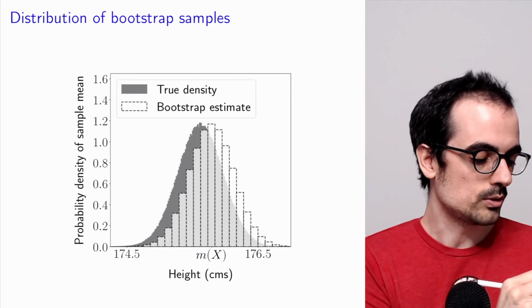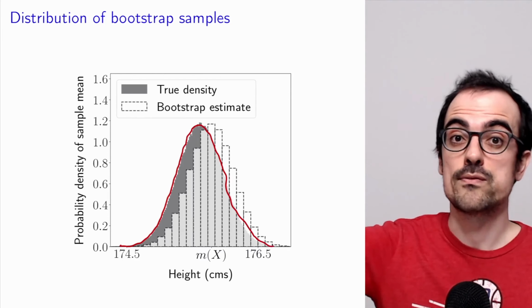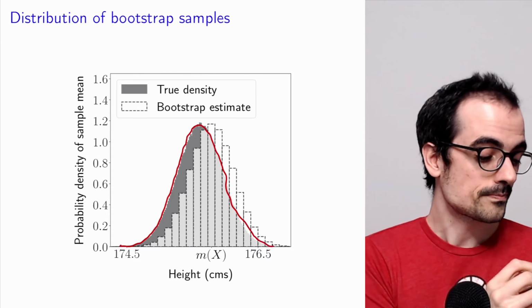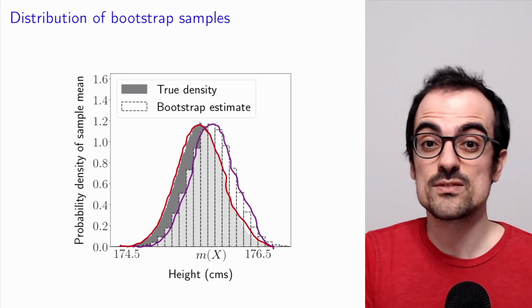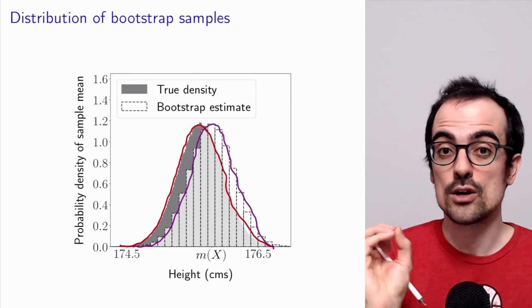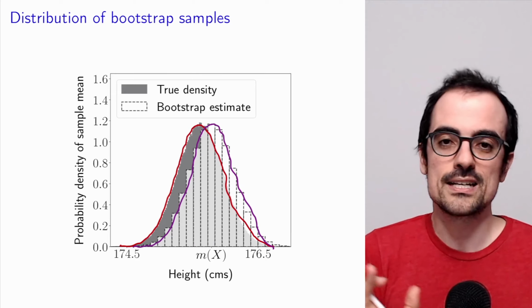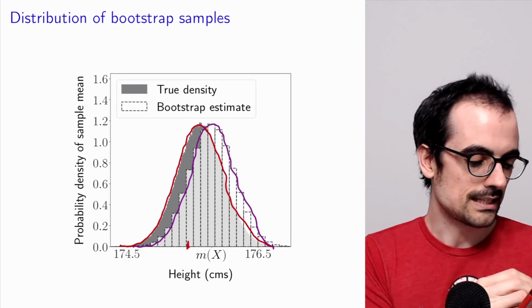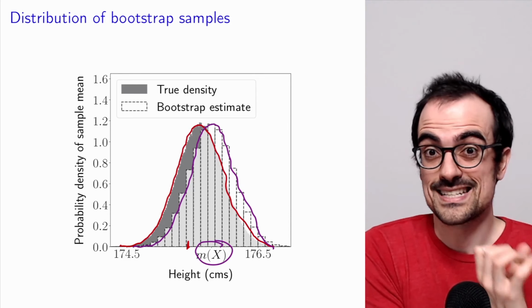So here we have the true density of the sample means that would be obtained by taking 400 samples from the population over and over and over. And here is the distribution of the bootstrap samples that are obtained just from a single data set of 400 measurements. And the two distributions are actually quite similar. Of course, they're not centered at the same place. Why? Because this one is centered at the population mean, and this one is centered at the population mean of the data, which is just the sample mean of the data.